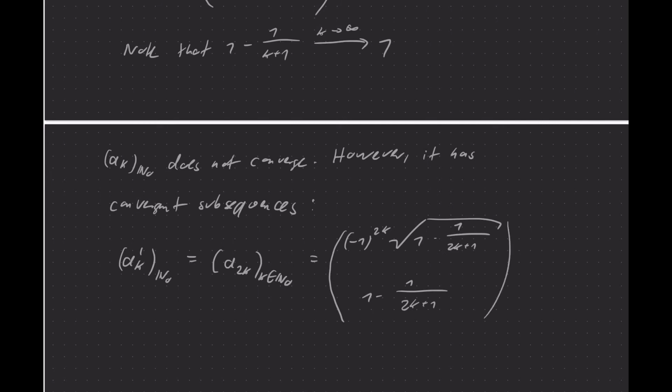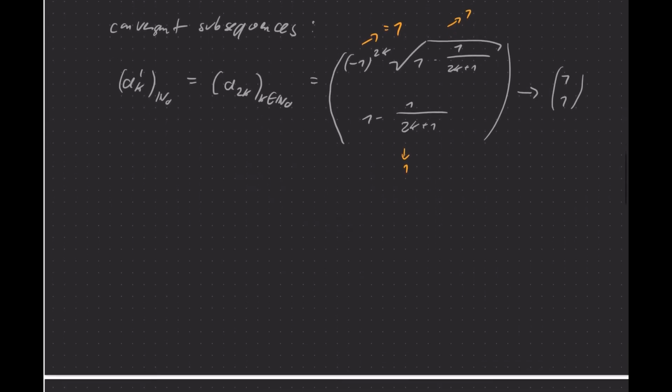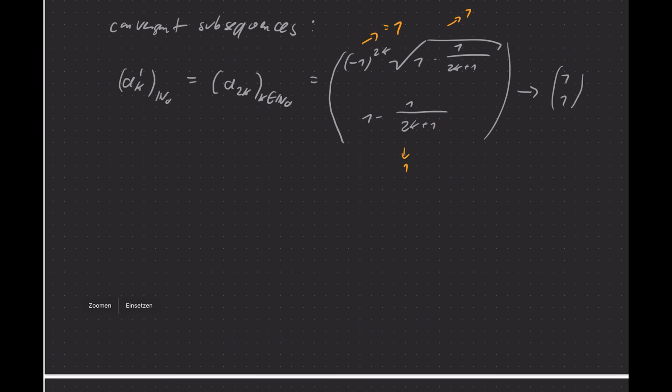And now, of course, you can easily see that this here, (-1)^(2k), is exactly equal to 1. This latter part here still goes to 1, and this also goes to 1. So that means this whole sequence here converges to the point (1, 1). Okay? So there is one convergent subsequence that converges to the point (1, 1).